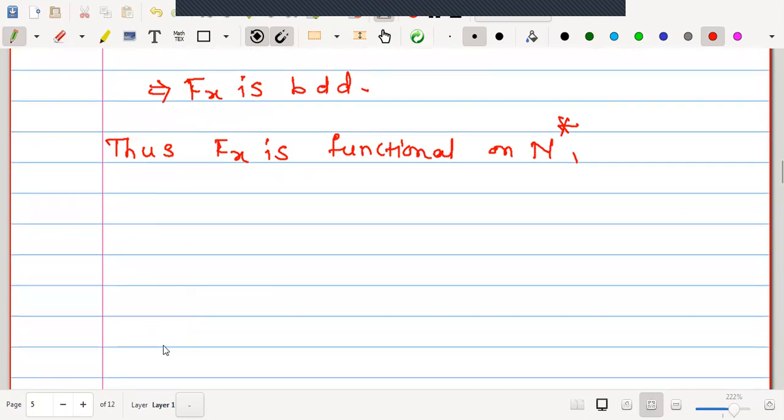Okay. Now what one more step to prove? Next step we will go for proving norm of Fx is equal to norm of x. If you want, one can just have a look at the definition, at the statement again.